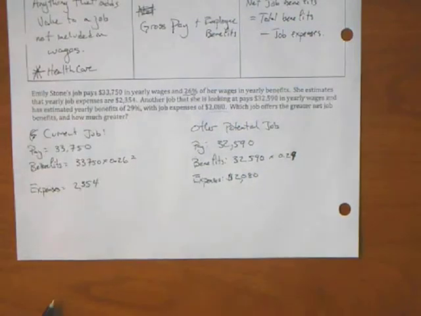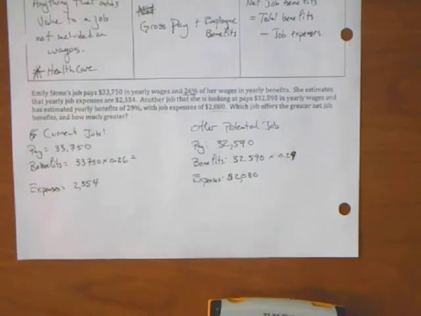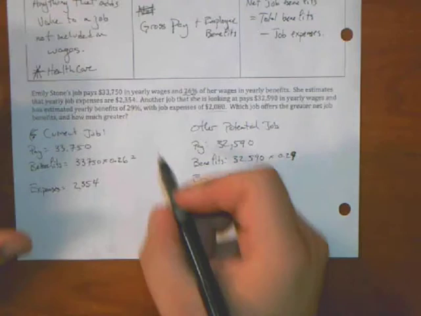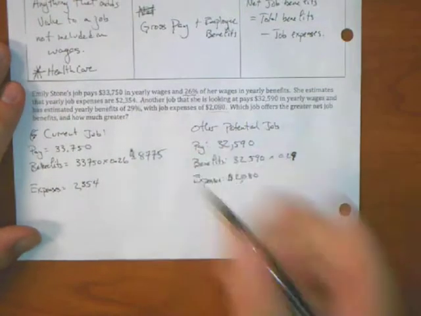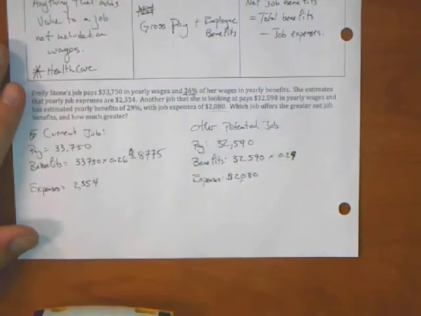Calculator. Let's see how much money she actually is getting in benefits. She's getting $33,750 times 26%. She's getting a value of $8,775 in her first job.